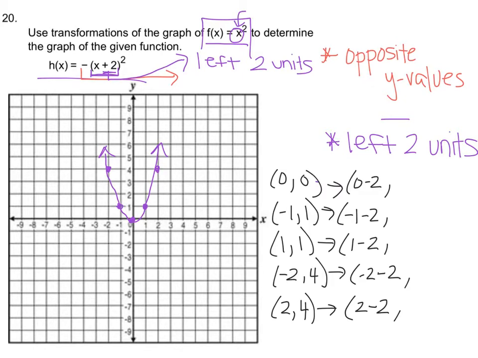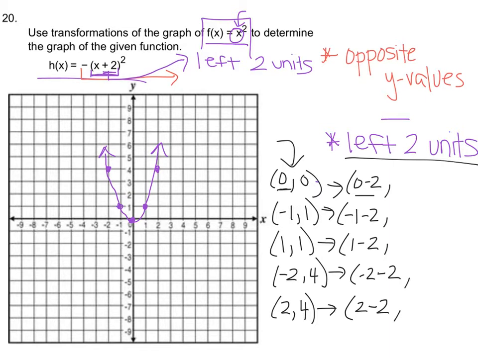Okay, so here I wrote down all of the ordered pairs that are in my original parabola. Then I started writing my new x values. We said that we're going to move left 2 units, so that means I'm going to subtract 2 from the x value of my original ordered pair. So in each x position, I just took my original x value and then subtracted 2 from it.